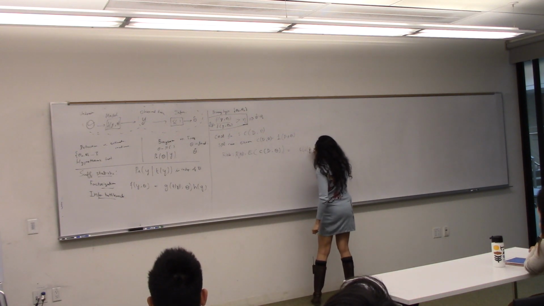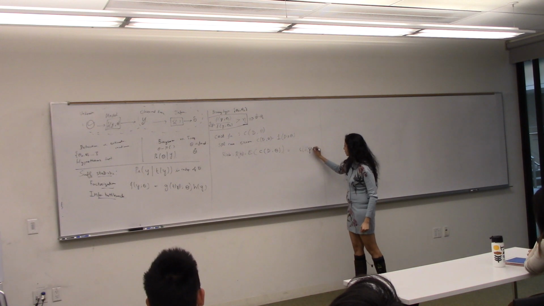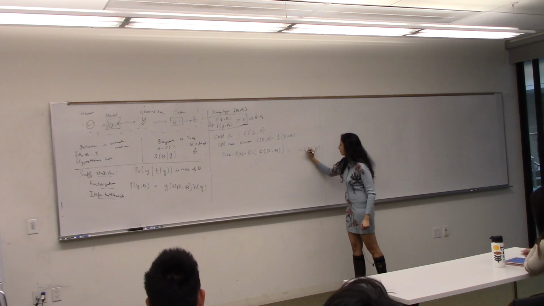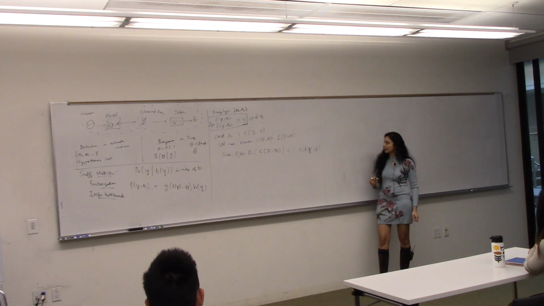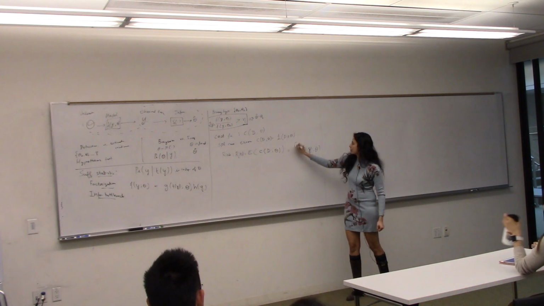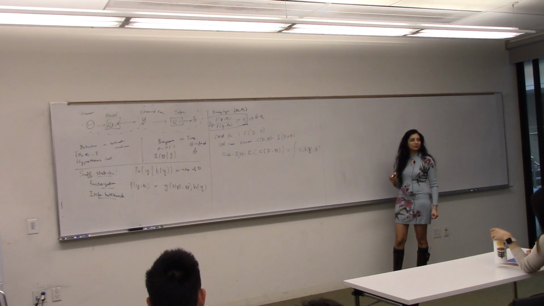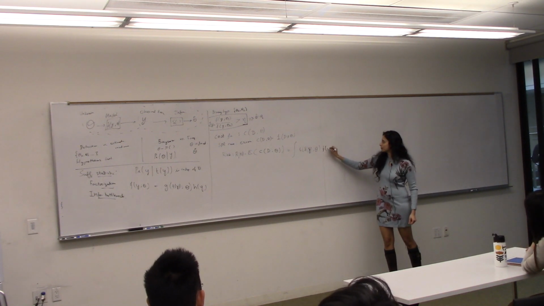So I have delta of Y. That is my detector output given Y. And then I want to average this over the distribution of data. What is the distribution of data? It's the function f, that's the model.